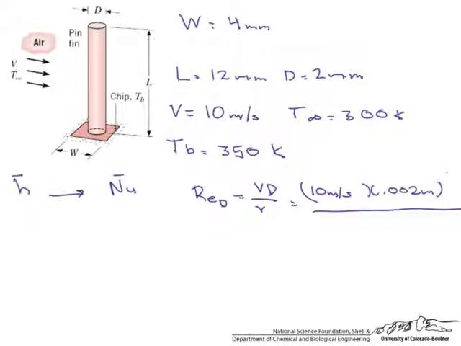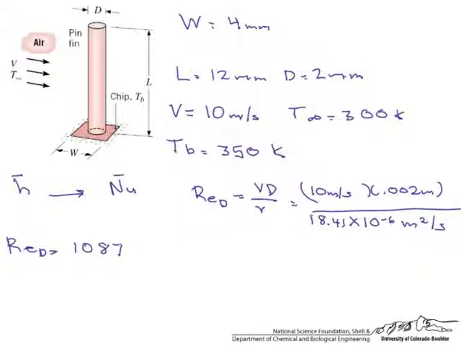And when we look up the viscosity for air at an average of 325 K, we come out with 18.41 times 10 to the minus 6 meters squared per second. So our Reynolds number is going to be 1087.